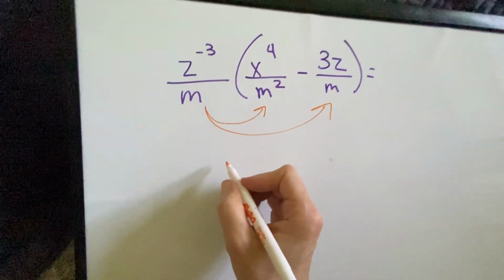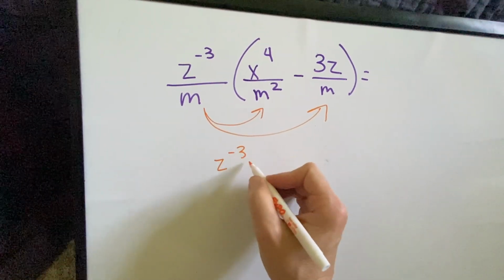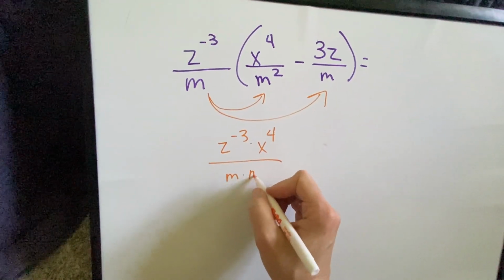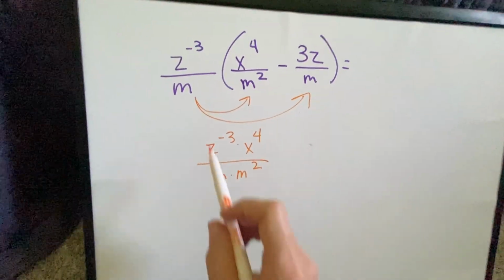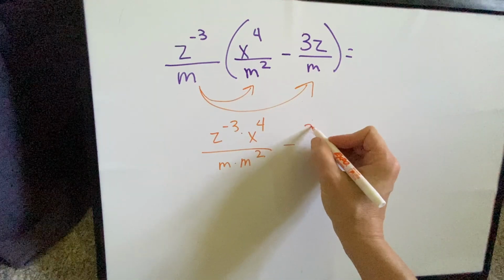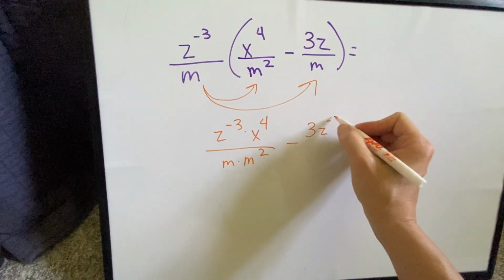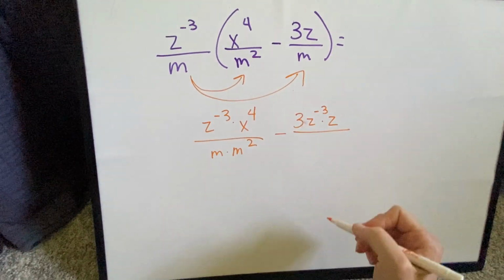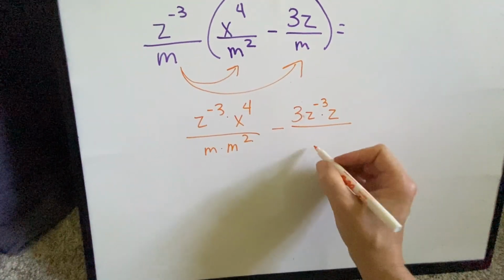Okay, so we have z to the negative 3 times x to the 4th all over m times m squared. Okay, that's this right here. Then we have 3 z to the negative 3 z over, put a times there, I guess, m times m.